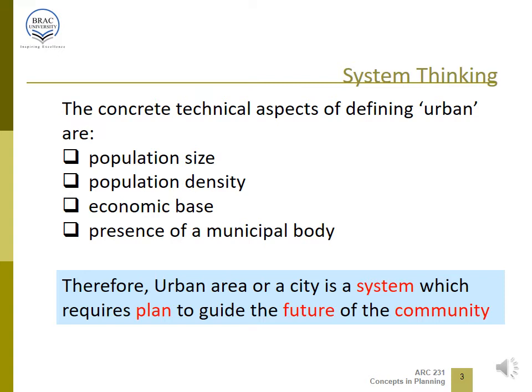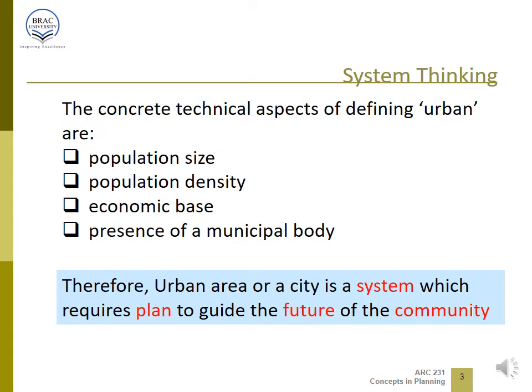Then we need to think about the economic base, whether it's an agrarian economy, a service sector economy, or a manufacturing sector economy. And the presence of a municipal regulatory body is important to call a space urban. So basically, in formal technical thinking, urban can be defined based on these four parameters.